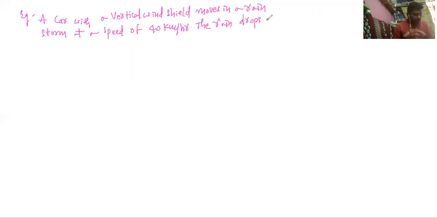The raindrops fall vertically with a constant speed of 20 meters per second.